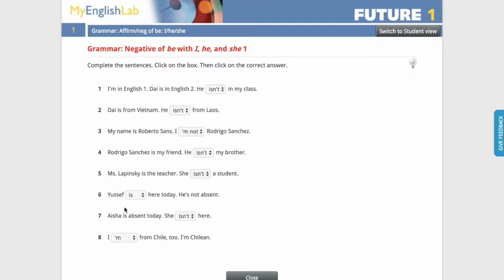So this number 6, Yusuf is here today. He's not absent. And then Aisha is absent today. She isn't here. That was correct. I'm from Chile. 2, I'm Chilean. So everything else was in the negative, but those 2 were different. So it's a good thing to read both sentences.